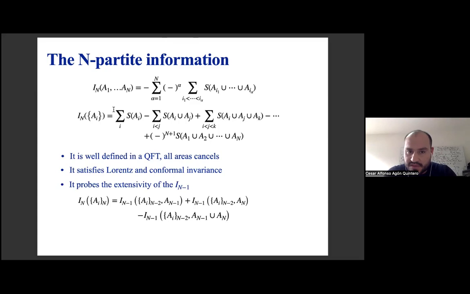Third, just from the definition, you can also have a recursive expression for the n-partite information in terms of the (n-1)-partite information, which essentially probes the extensivity of the (n-1)-partite information. And finally, we have clustering. Because of the way these terms appear in the formula, if you divide the n regions into two sets, like this set and this set, and you put them far away, then the n-partite information will decay, or go to zero.